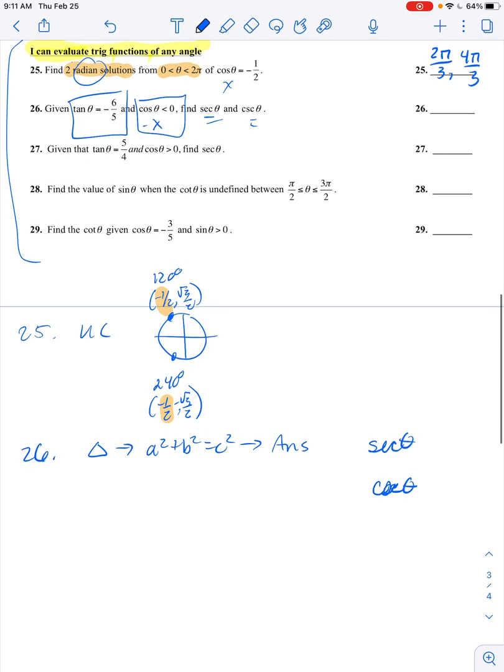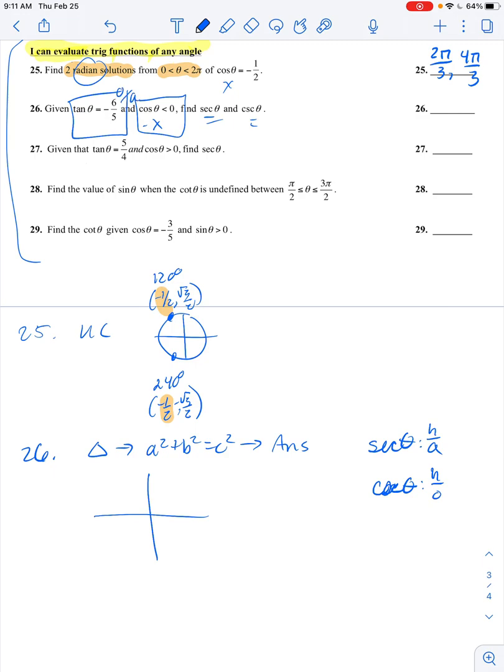Keeping in mind that secant is the flipped over version of cosine, so hypotenuse over adjacent, and cosecant is the flipped over version of sine, so hypotenuse over opposite. So first I need a triangle. It says the tangent is negative 6/5. So that's my opposite over adjacent.